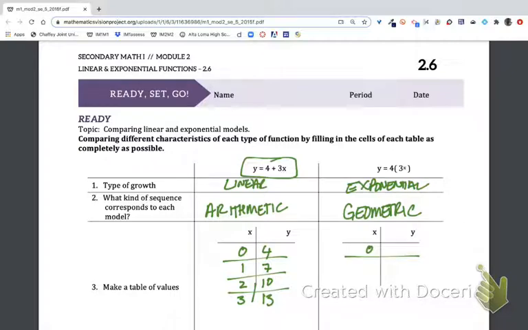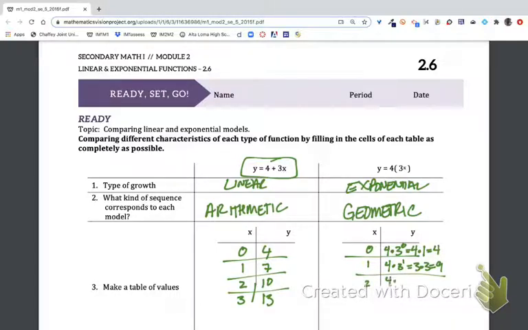For this one here, plugging in a 0, 4 times 3 to the 0 power would be 4 times 1 would be 4. Plugging in a 1 would give me 9.